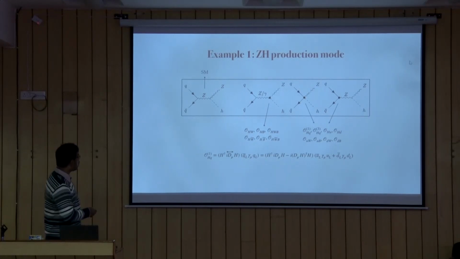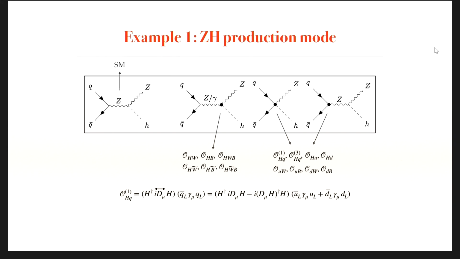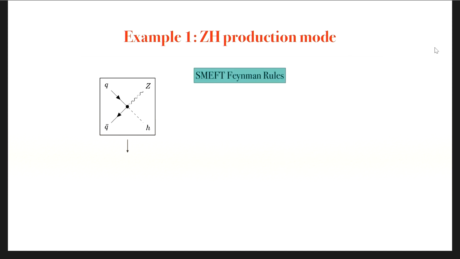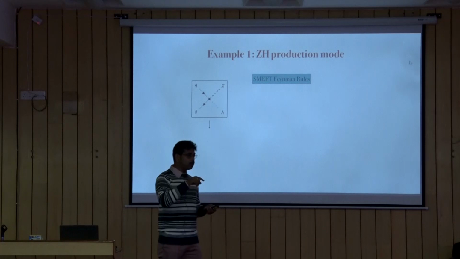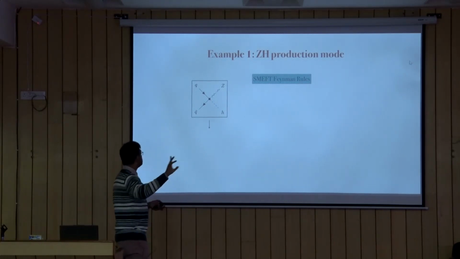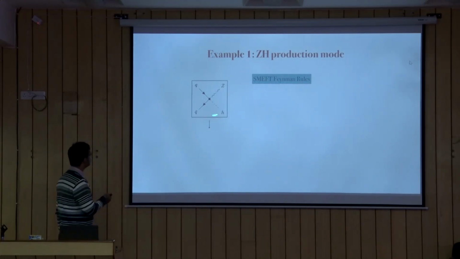So for example, O1HQ is this particular operator, which you can check that once you expand it, will give you a contribution of this sort, including this one. There is one interesting point that we would like to note about this contact interaction. Remember that in the standard model you have the s-channel propagator, but there is no propagator in this one, and this is a contact term.